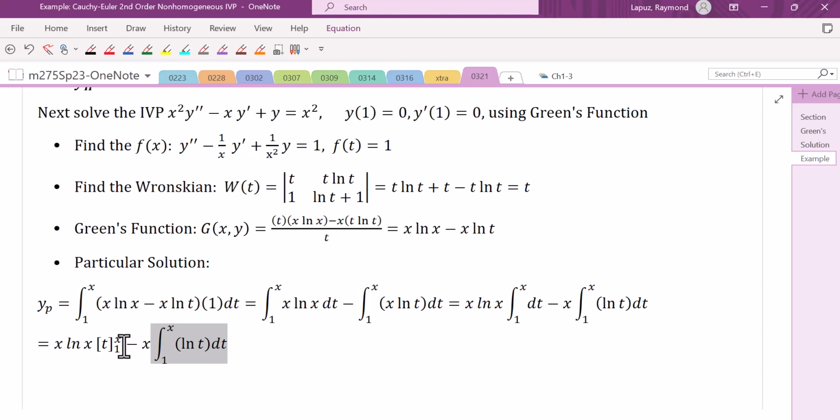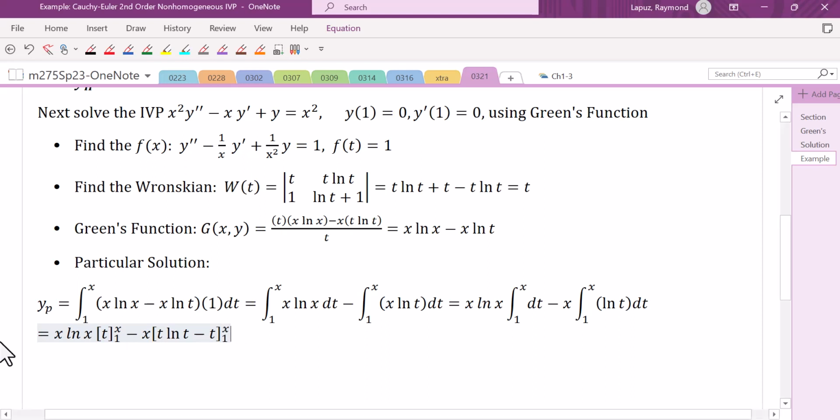But I think eventually this is going to be t times ln of t minus t. And then again, you're going to evaluate it from 1 to x.